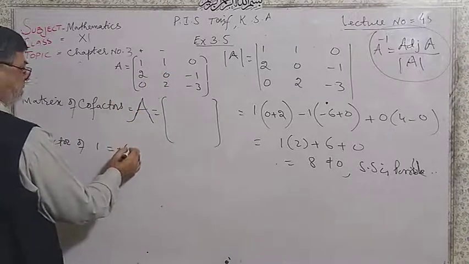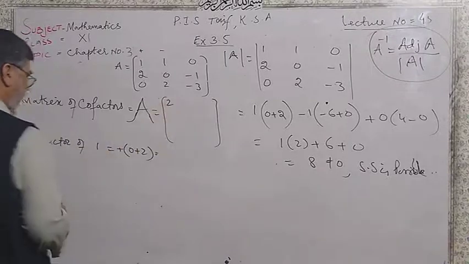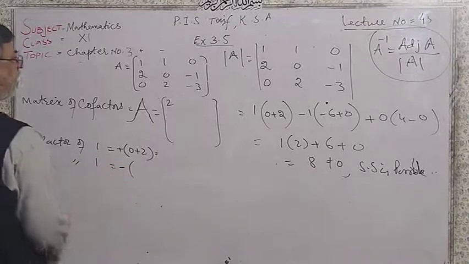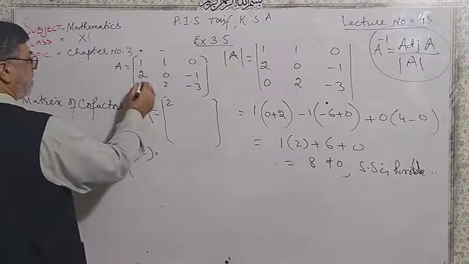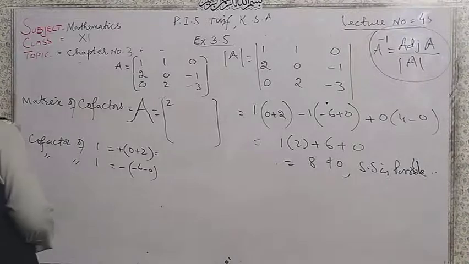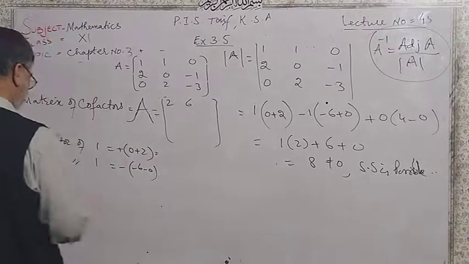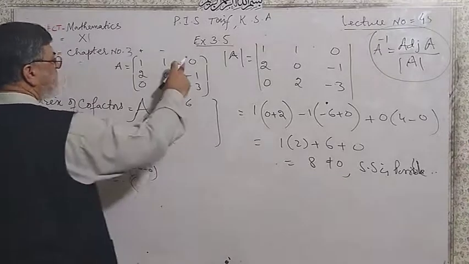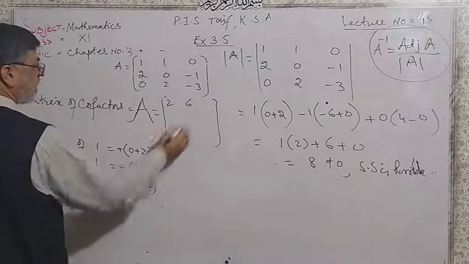So here is 0 plus 2, that will be 2. Cofactor of again 1, that is minus, remove this column and row, AD minus BC. Minus 6 minus 0, and minus minus plus, that is 6. Cofactor of 0, plus, remove this column and row, AD minus BC. 4 minus 0, that is 4.